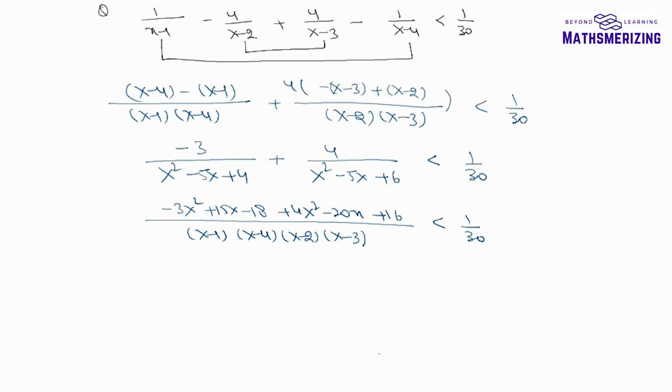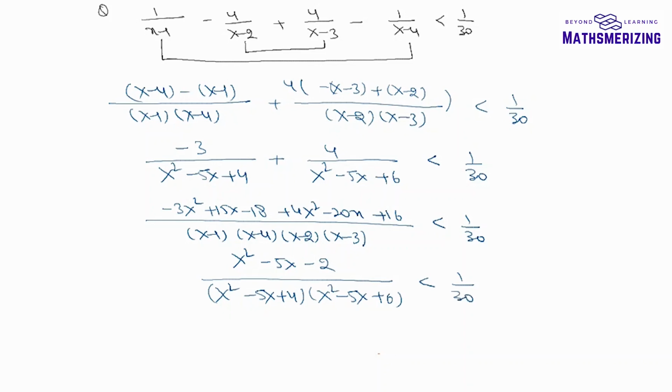So the condition I'll get is x square minus 5x minus 2 upon (x square minus 5x plus 4) into (x square minus 5x plus 6) is less than 1 by 30.